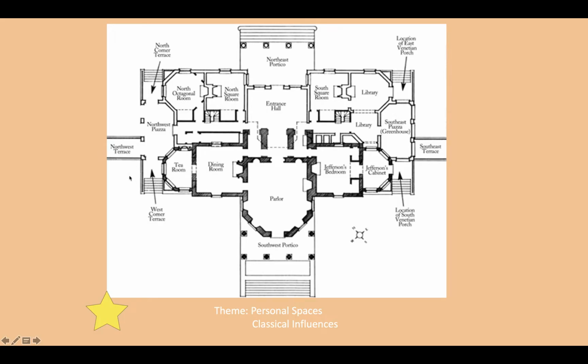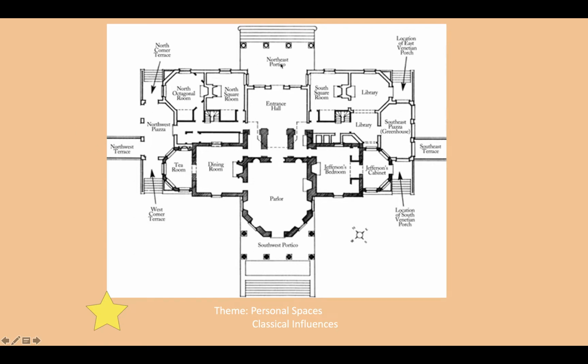Okay. And then this is how we sort of see what we see, right? So when we enter, it is really sort of symmetrical. Like what's over here is also over here. Here we have a greenhouse. Here we have an open piazza.